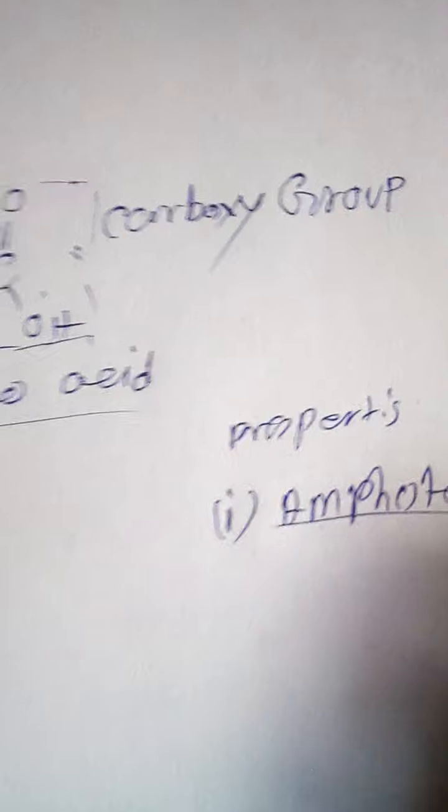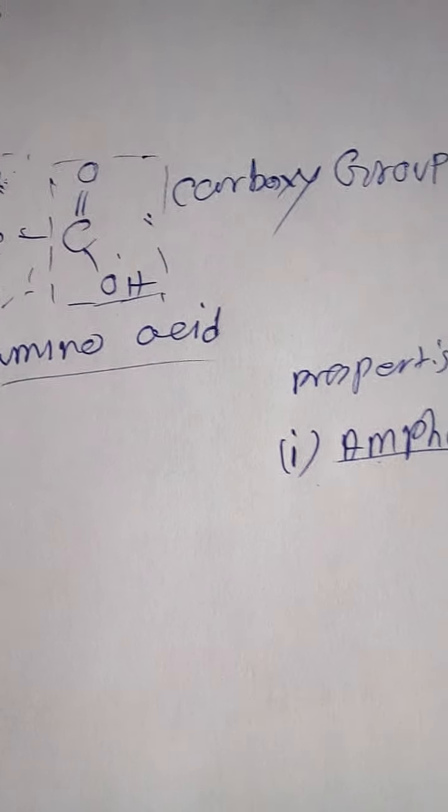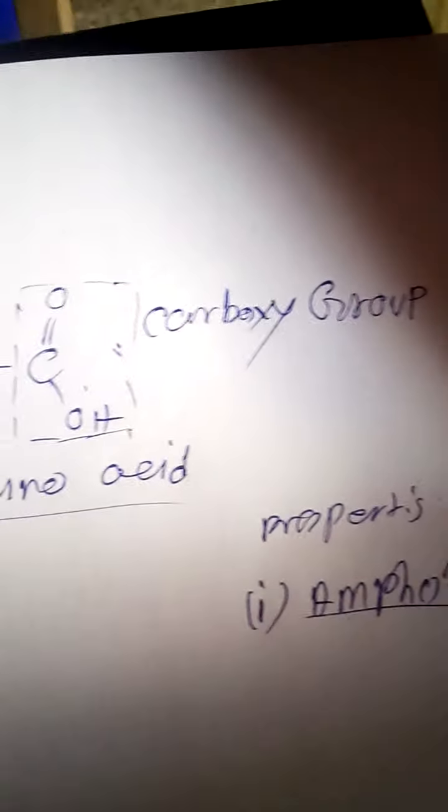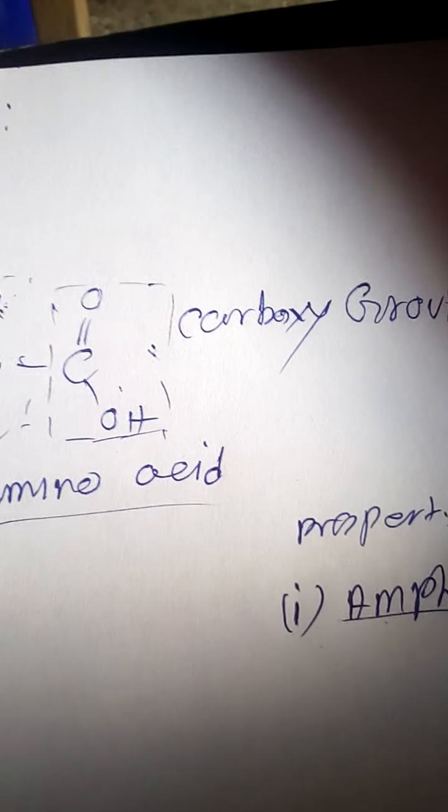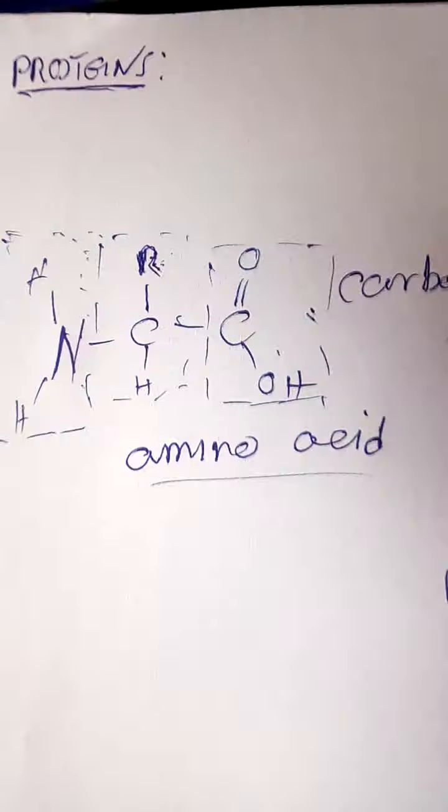This means that they are neutral, with a pH of 7. They have the ability to gain electrons and the ability to lose electrons. They are neutral because they fall on each side.